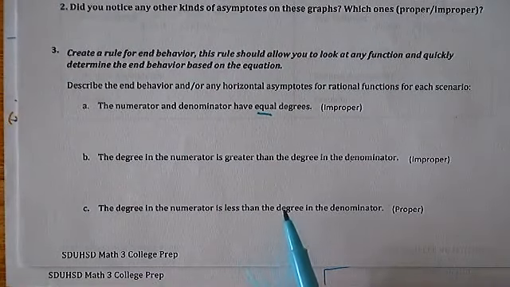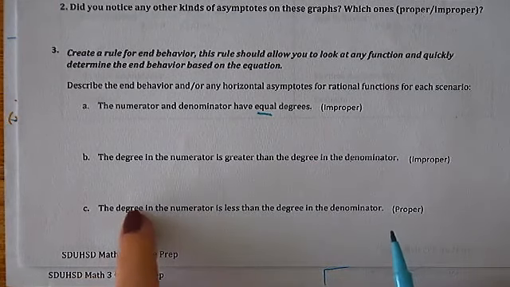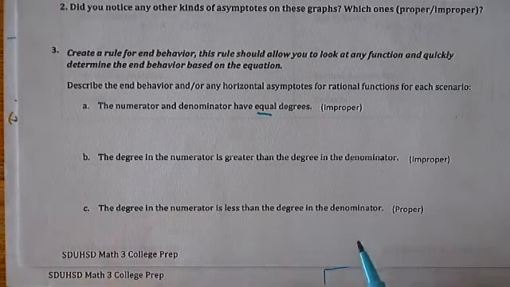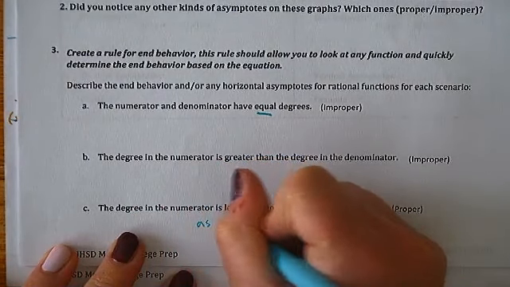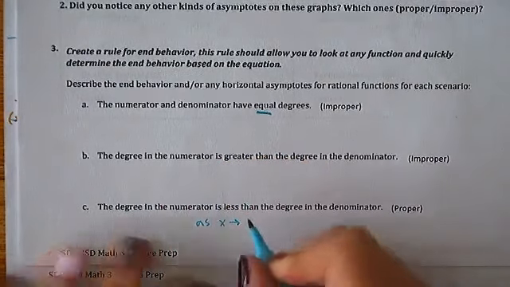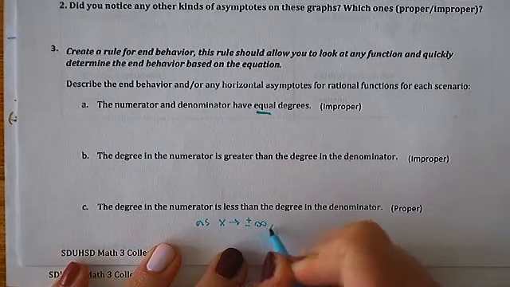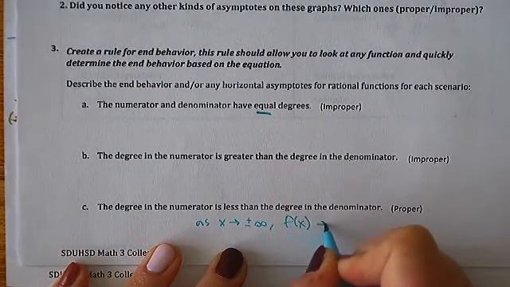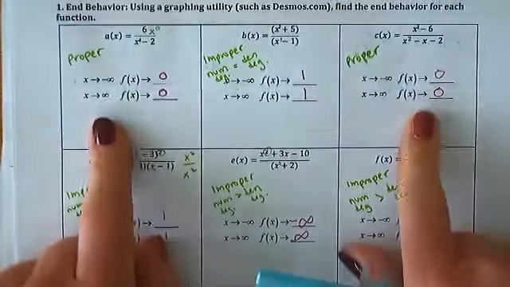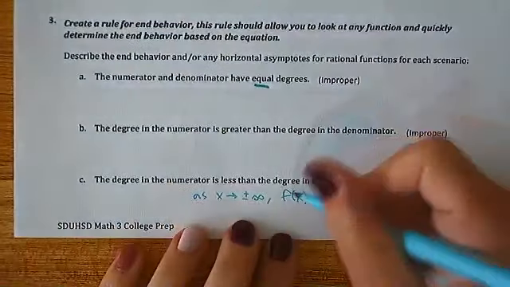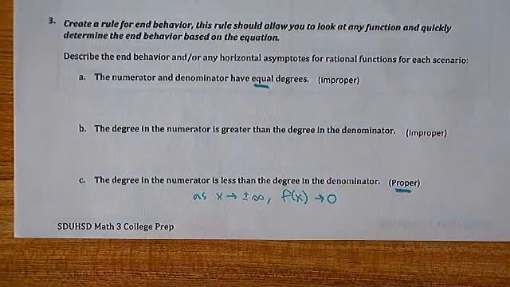Let's actually start with this one, the proper. So as x approaches positive and negative infinity, what's your end behavior for a proper? Both propers were 0. It means that all propers will approach 0.